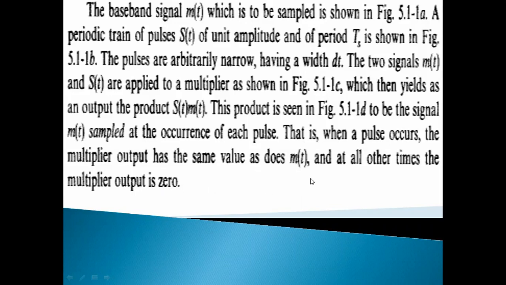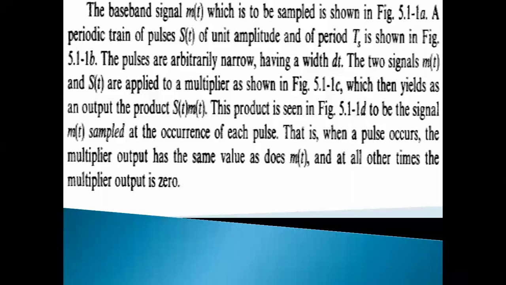What it indicates is that where S of t is there, the multiplier output is M of t having the magnitude of M of t. At all other places the magnitude should be 0. That means there is no signal.